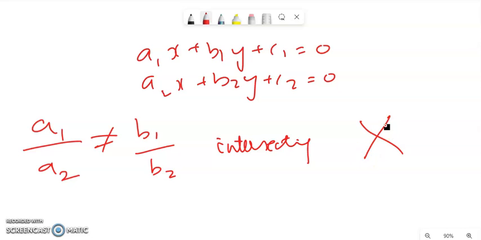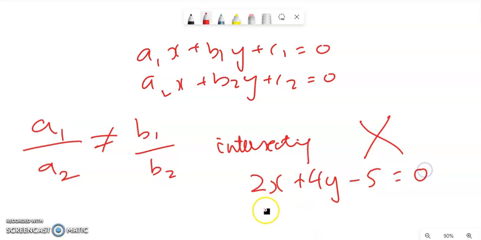Let me give you an example also. The example will be 2x plus 4y minus 5 equal to 0 and 4x plus 5y plus 7.